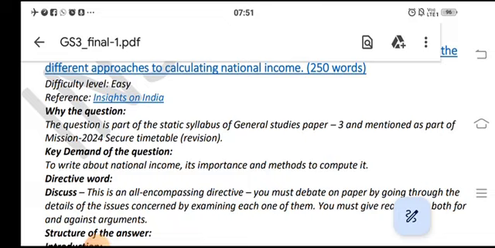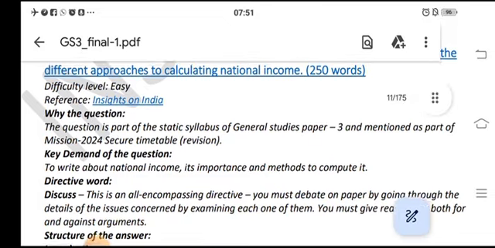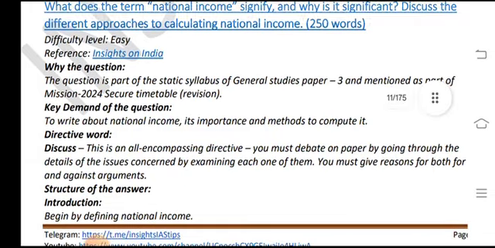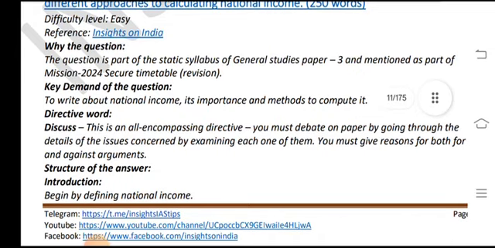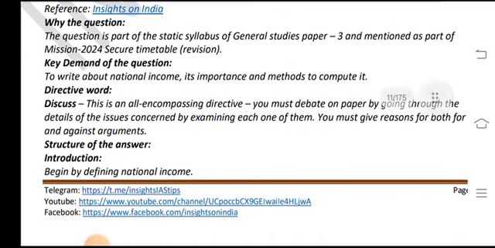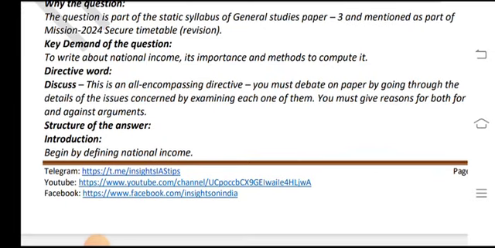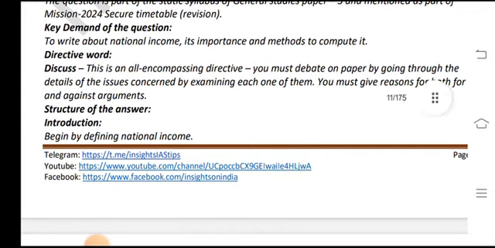The question is a part of the static syllabus of General Studies Paper 3 and is mentioned as part of the Mission 2024 secure timetable revision. The key demand of the question is to write about national income, its importance and the methods to compute it.